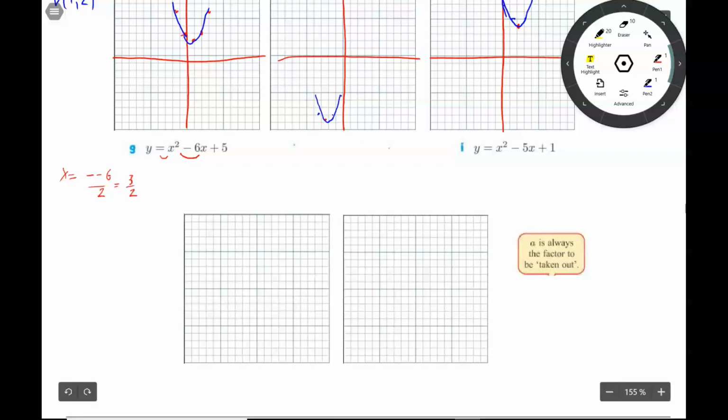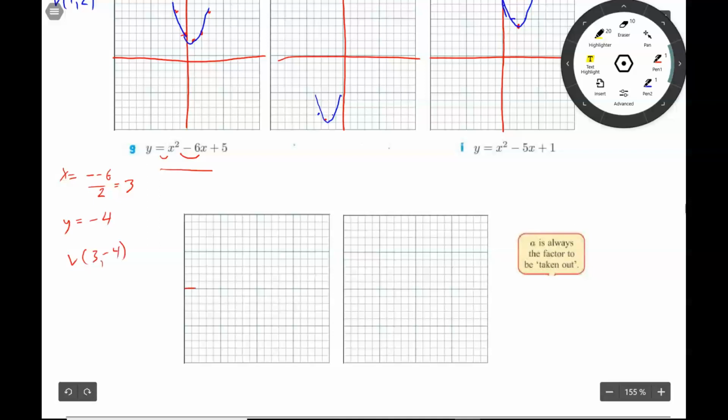I'm sorry, not 3 halves. 3, right? 3. Positive 3. And then if I put the x equals 3 into this equation, I'm going to get 9 minus 18 plus 5, which is equal to negative 9 plus 5, which is negative 4. So the y value of the vertex would be negative 4. So my vertex turns out to be 3, negative 4.